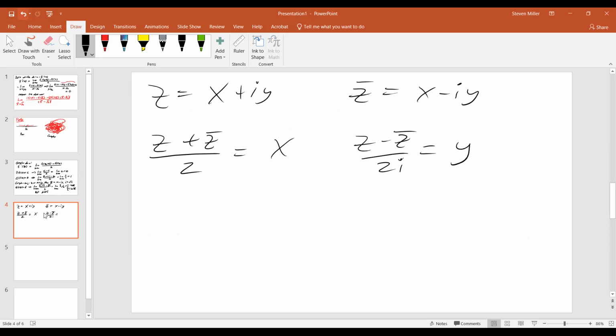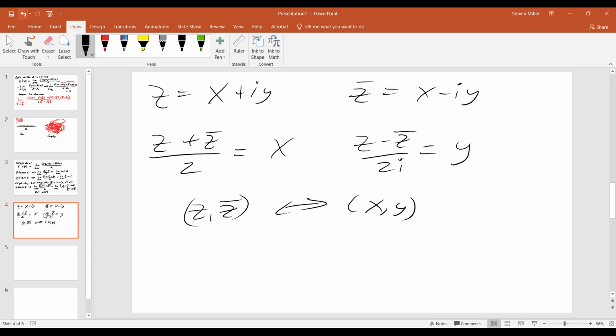If I do 2i, now I get y. So what this tells us is I can go back and forth between the coordinates z, z bar and the coordinates x and y. So if I give you any function of x and y, I can rewrite it as a function of z and z bar. If you're a function of z, that means x and y only occur in the form x plus iy. They don't occur in any other way. And it's going to be those functions which will be complex differentiable.